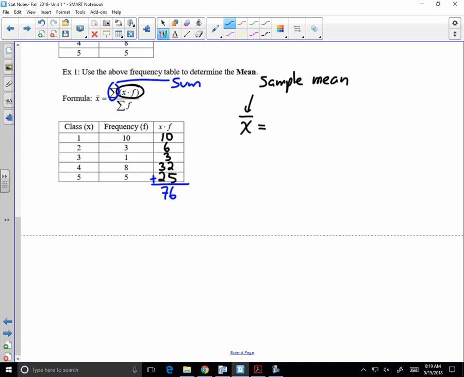You don't have to think sample mean. Once I introduce population mean, then you'll have to distinguish between the two. So the numerator is 76, assuming I did that right. The denominator is the sum of all of our f values. 14, 22, 27. So we'll get an approximate here.